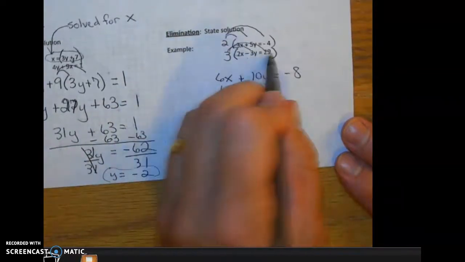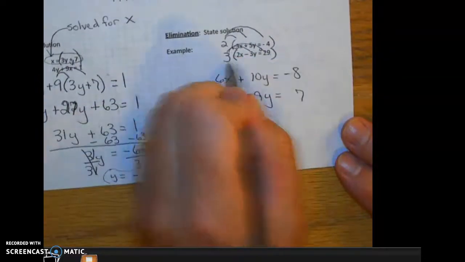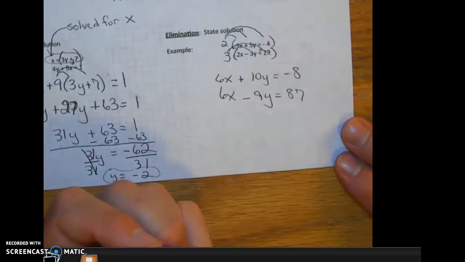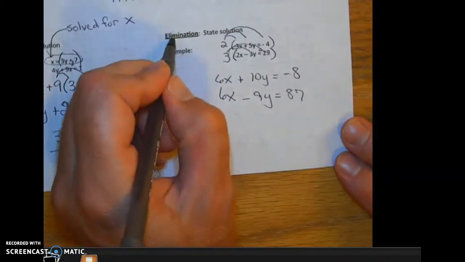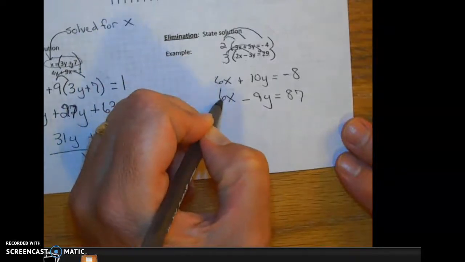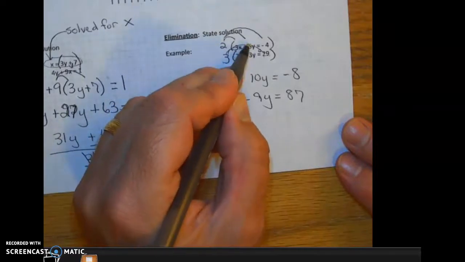Let's see, 9 times 3 is 27, carry the 2, 3 times 2 is 6, plus 2 is 8, so 87. When you're doing elimination, we want to make the numbers the same in front of the variable. It could be the x, or it could be the y, your choice.